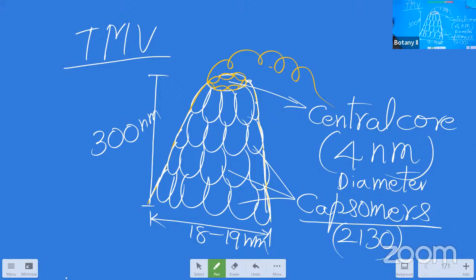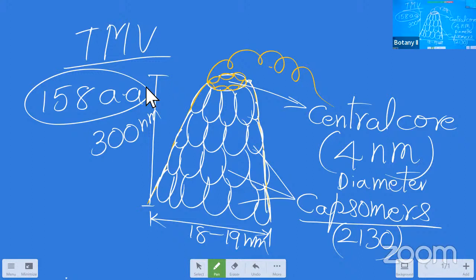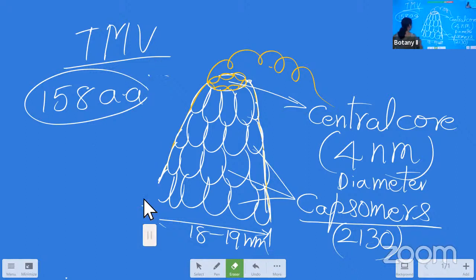The entire body is covered with the protein subunits called capsomers, and the capsomers are 2130 in number. Each and every capsomer is having 158 amino acids in them.